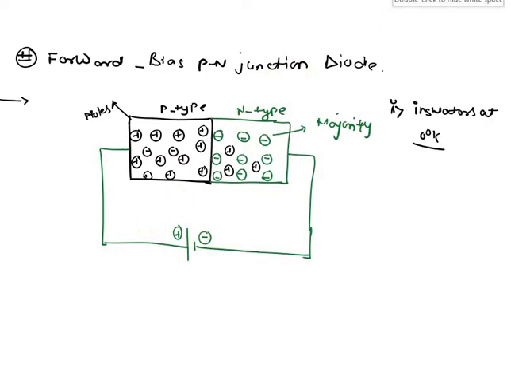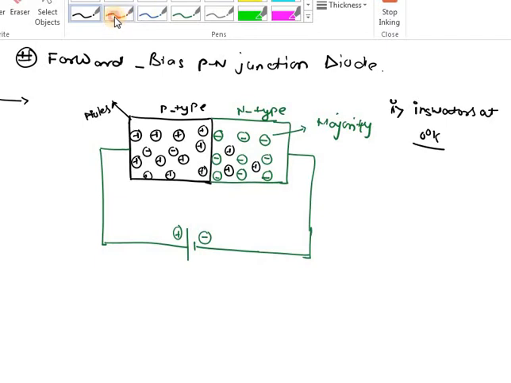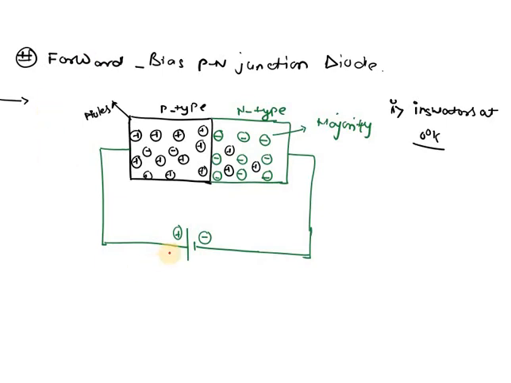When we increase the voltage, the positive terminal is connected over here and this is already positive, so both will repel each other. Due to repulsion, these holes will move towards the n-type semiconductor. We call it just pushing. The same case holds for this terminal.